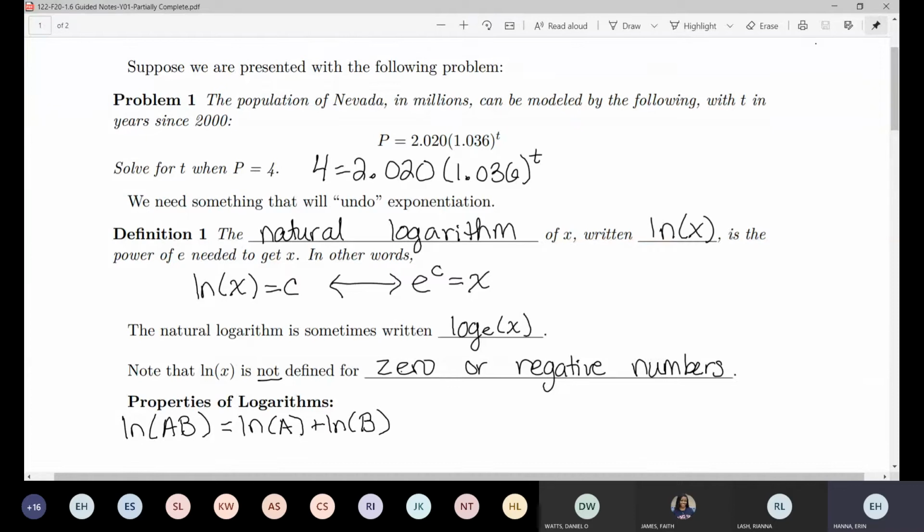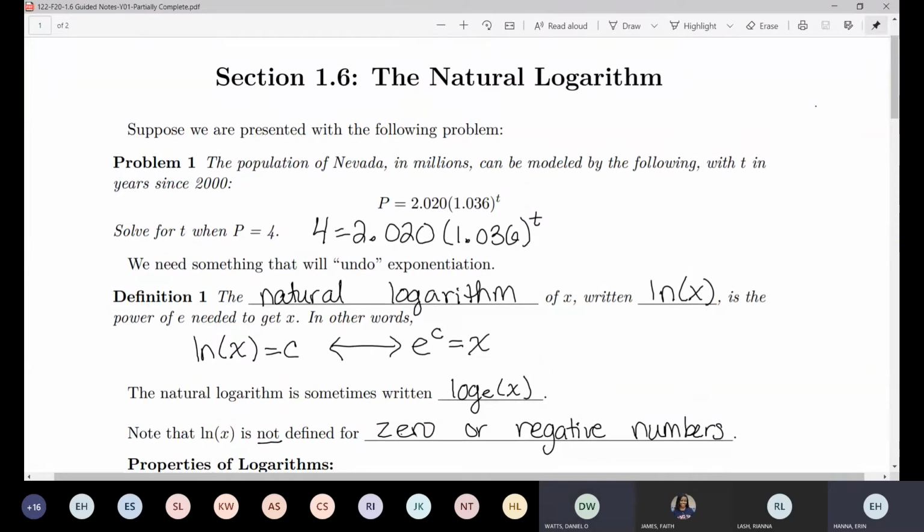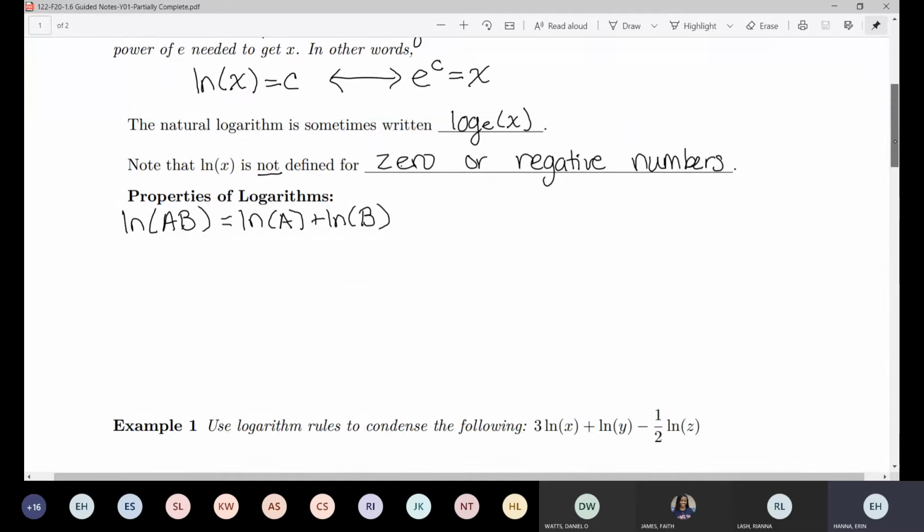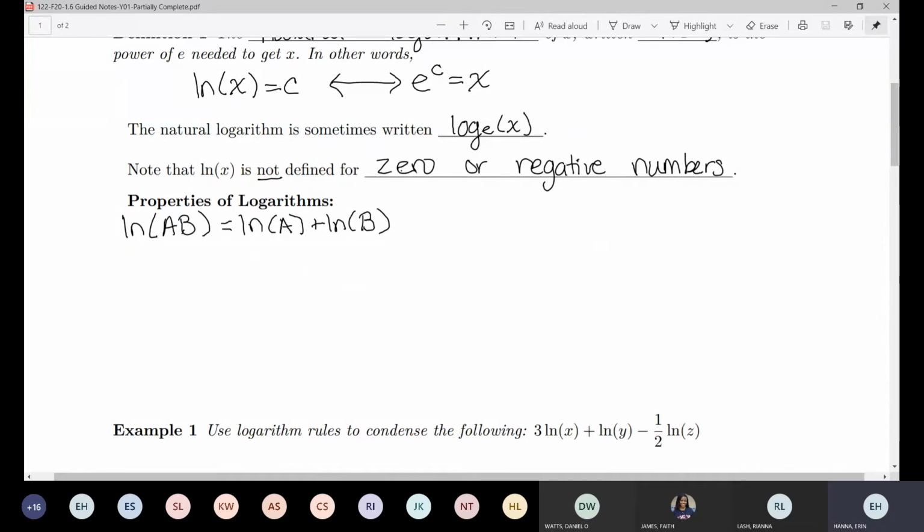I'm gonna sit down. All right, so we started talking about the natural logarithm just barely because my computer was mad at me. But remember, essentially these are going to help us undo exponentiation. So we started writing down the first property. Let's write down the rest of them.